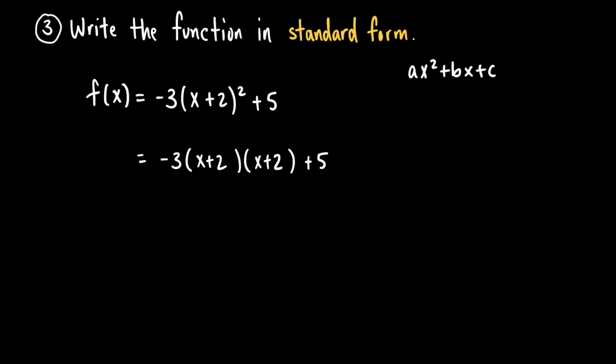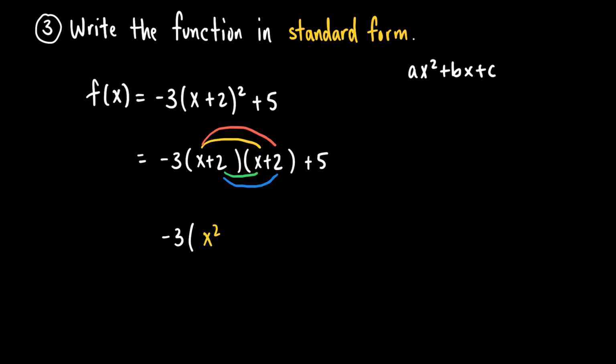And I'm going to get a little better color here for you because that orange and red look very similar. So I'm going to do the yellow things first, then I'm going to do the red things, then I'm going to multiply the green things, then I'm going to multiply the blue things. Okay? So we're going to have negative 3 times, when you do x times x, that gives you x squared, plus, not the red things, the yellow things.